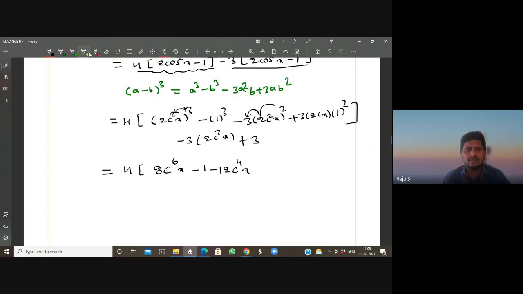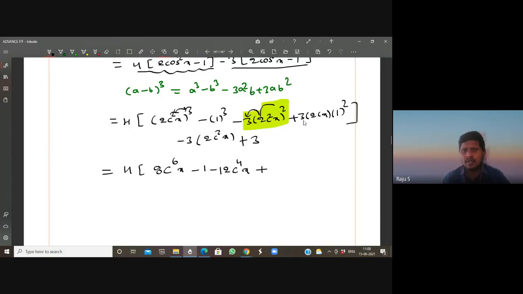This value is 3 into 2 cos square x the whole square. 2 square is 4, 4 3s are 12. Am I right?